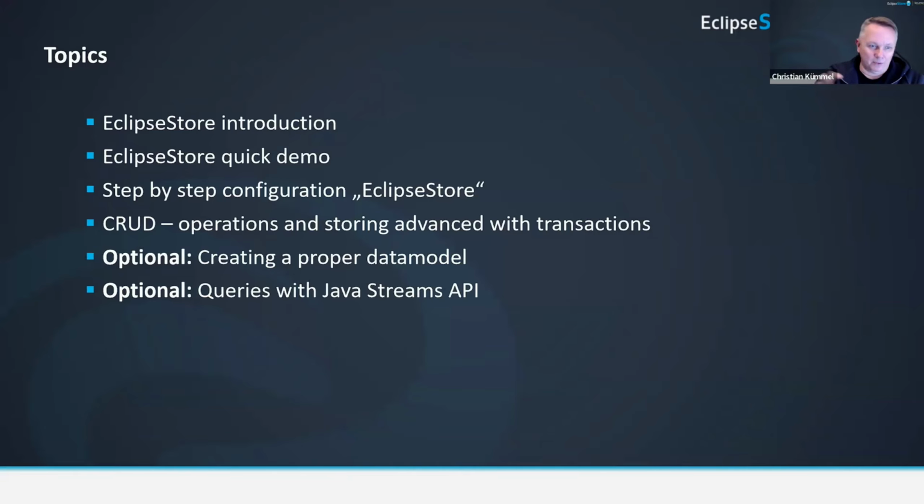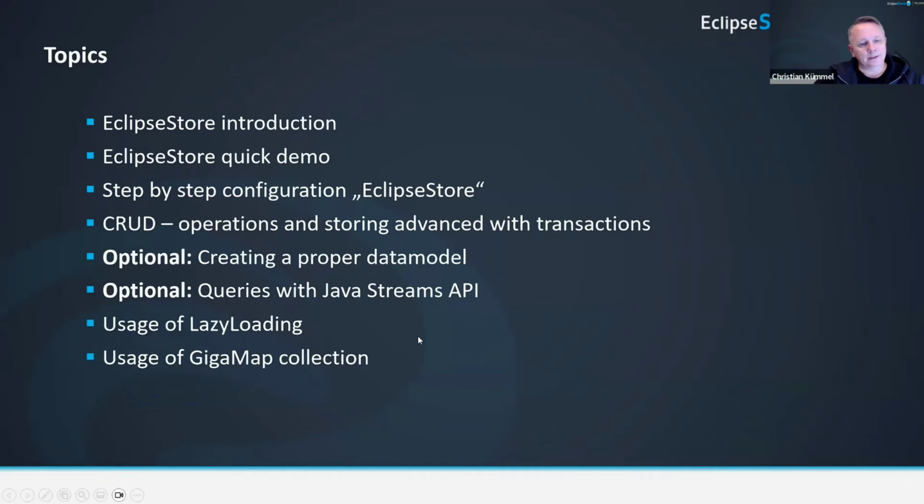I'd like to skip these a little bit, so I will do it in a different way within this training. On every step you see here, I will add some smaller things regarding these topics, because most of you are aware of Java Streams and what a proper data model means. But no worries, I will tell you how to create a good working data model for EclipseStore.